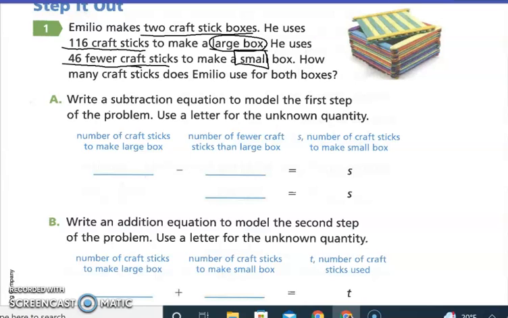So we're going to take the number of large sticks, and what are we going to subtract from that? 46, because it says he used 46 fewer, okay? And that's going to equal S.